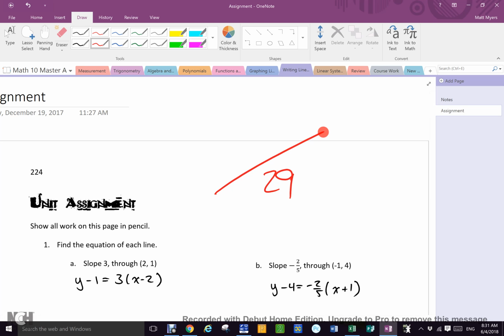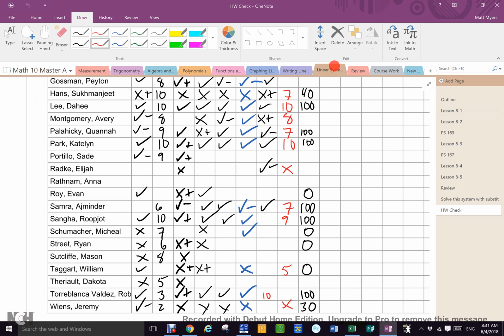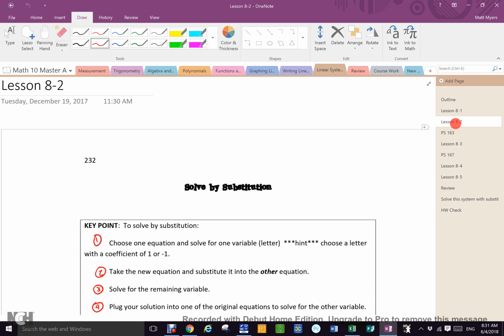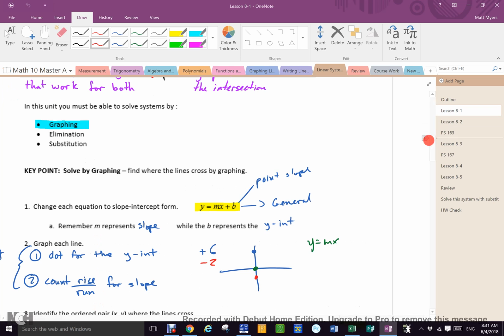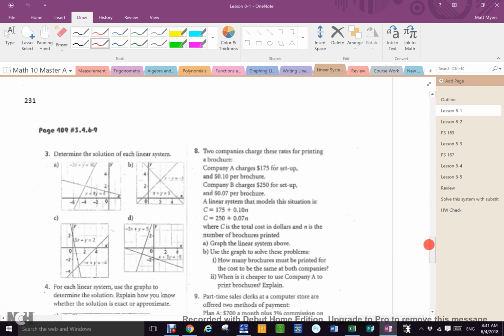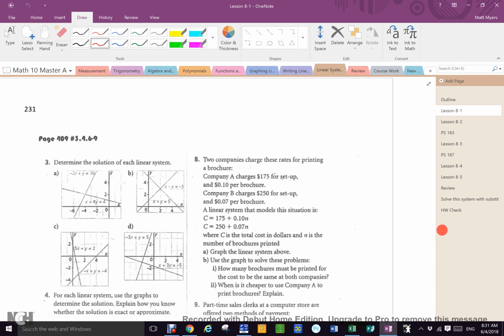What else did we have to do? We already talked about page 231, if I'm not mistaken. But just to be safe, did anybody want to ask anything about page 231?